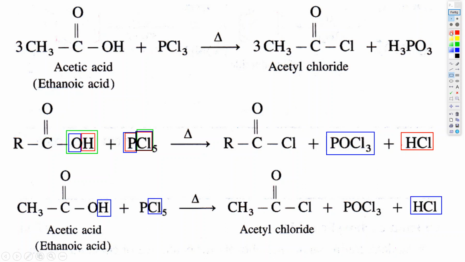Then the next minor product is one phosphorus atom, one oxygen atom and 3 chlorine atoms, which form POCl3, phosphorus oxychloride. Only one chlorine atom remains, and the remaining part is CH3C=O and one chlorine atom, which will form the major product CH3C=OCl, which we call acetyl chloride.